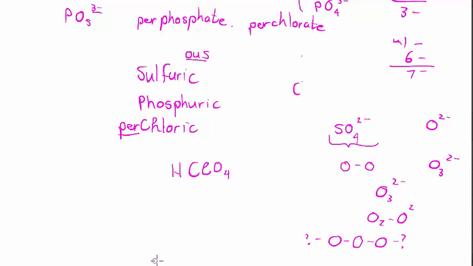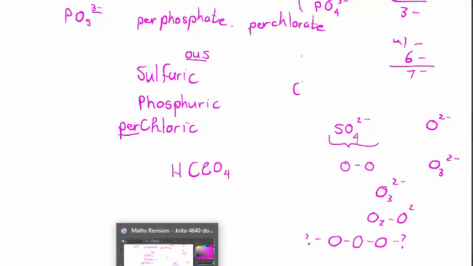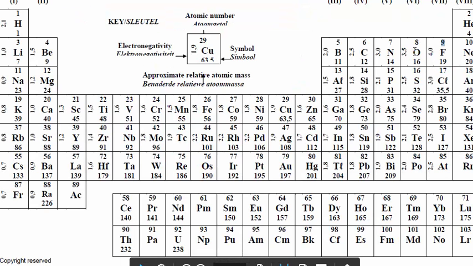But the other thing that makes it easily able to take an electron from hydrogen is the fact that it is a large molecule. Look at this. Sulfur has a high electronegativity, oxygen has a high electronegativity, and sulfur is fairly big, and oxygen is not big, but there's 4 of them.